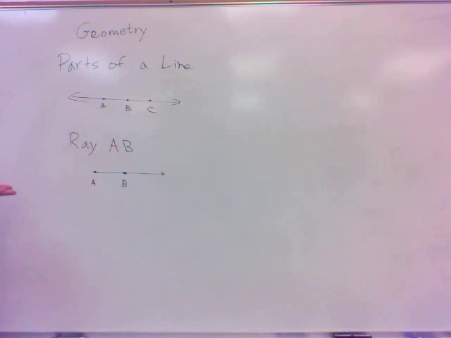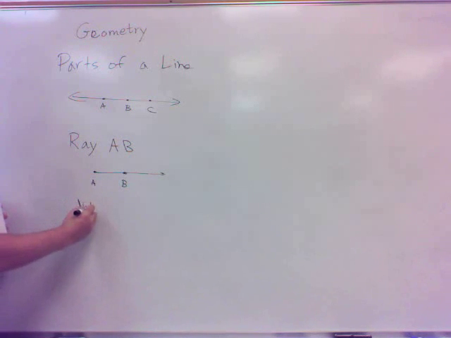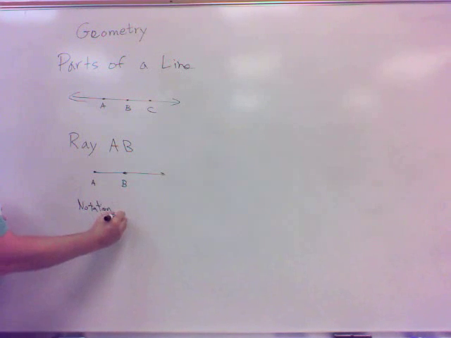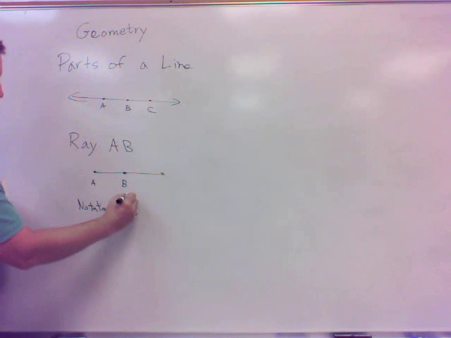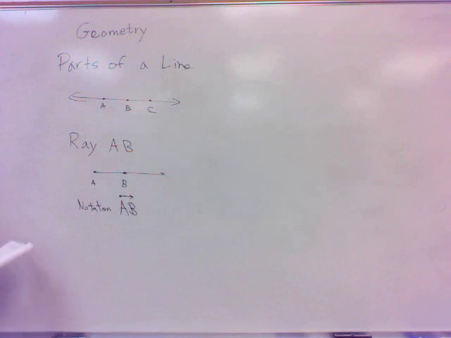Now, for obvious reasons, notation-wise, instead of having to write this all out, we could just say AB and then put a little ray symbol on top of it, like that. Now let me ask you this.